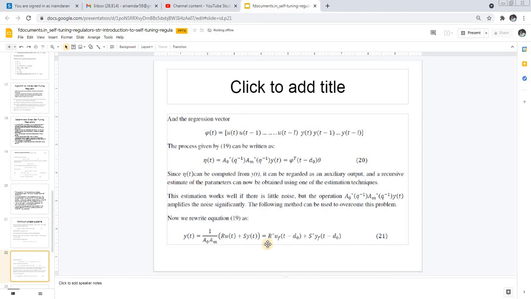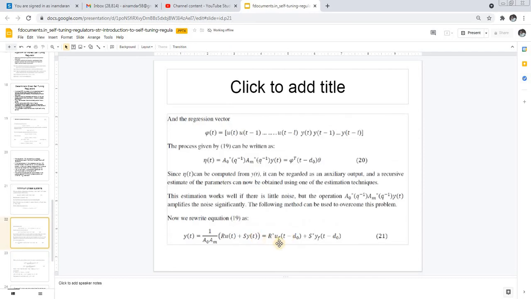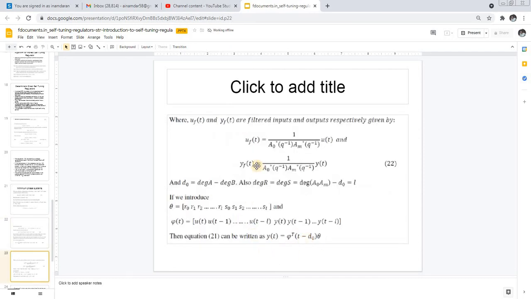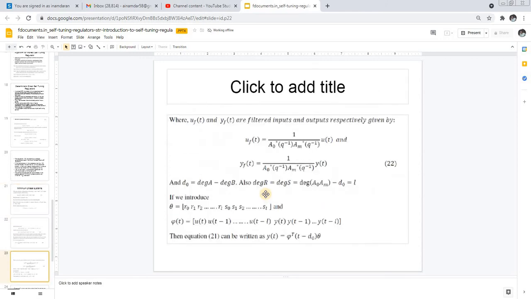This R will become R asterisk u of t minus d0 plus S asterisk y of t minus d0, where uf and yf are nothing but the inverse of this eta of t. So you can write u of t equals 1 upon eta of t, and also for yf of t, 1 upon eta of t.